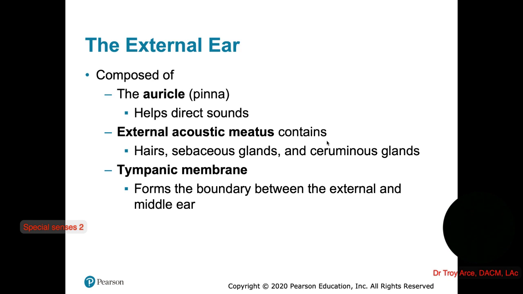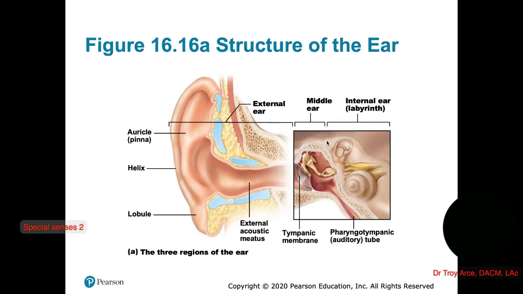And here's the structure of the ear. As you can see, we talked about the auricle, which is the funnel. You have your helix and your lobule. You'll learn all about the parts of the ear at the micro level when you get into auricular acupuncture, because each one of these points and parts of the ear correspond to a part of the body depending on what system you're using.